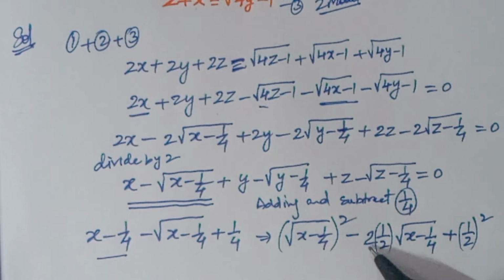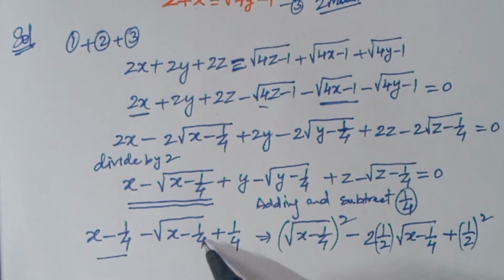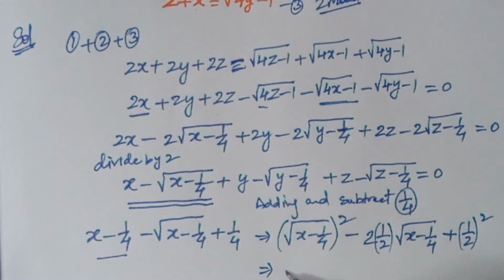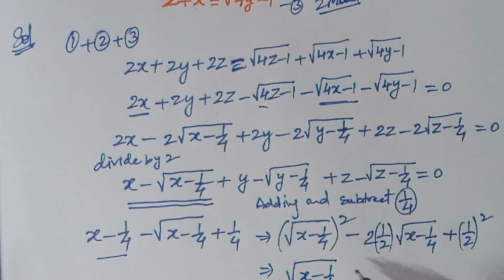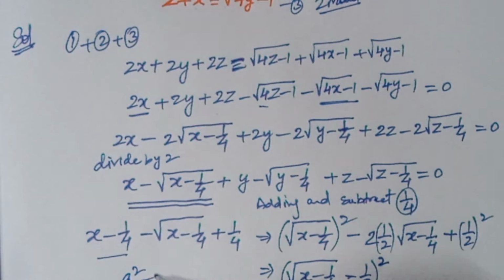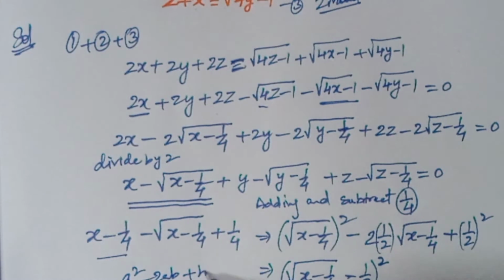Here the 2 gets cancelled, and you get root of x minus 1 by 4. 1 by 2 whole square is 1 by 4. So this can be written as root of x minus 1 by 4 minus 1 by 2 whole square. You are using the formula a square minus 2ab plus b square over here.